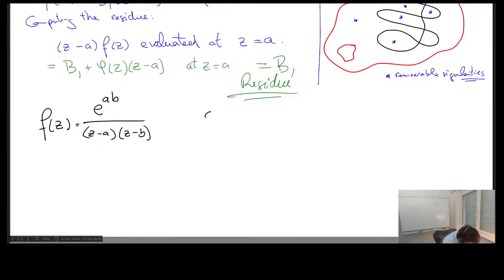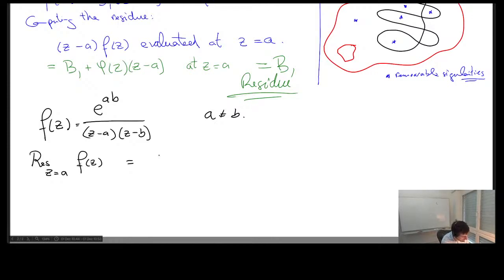Okay, but let's stay with a different than b, just to drive home the message that when the poles are simple, this is really, really trivial. So what is the residue at z equals a of f of z? All we have to do is grab that function, multiply by z minus a, and then evaluate it at z equals a.